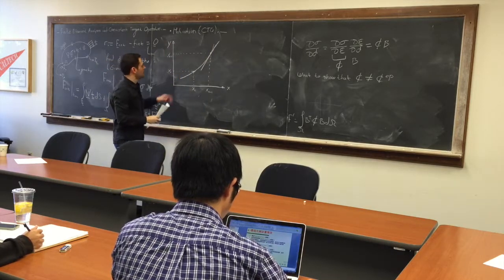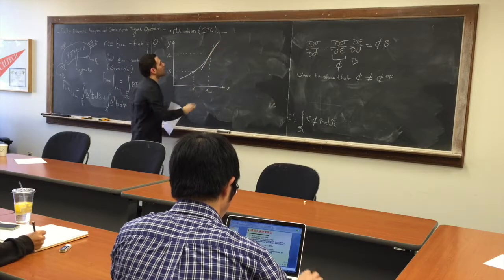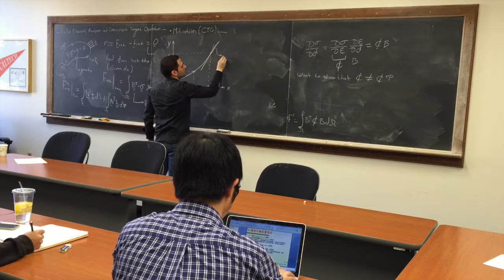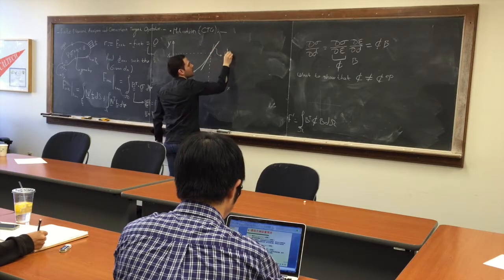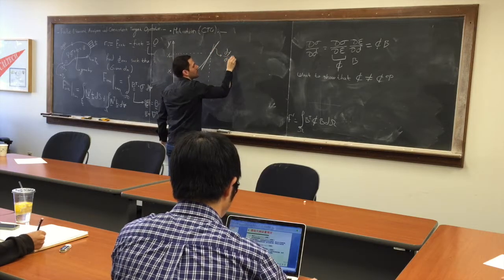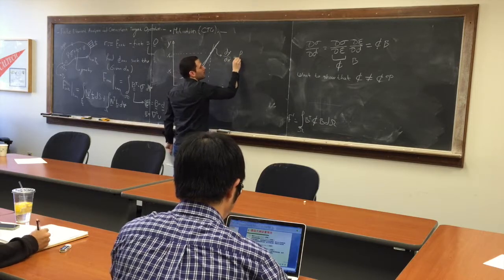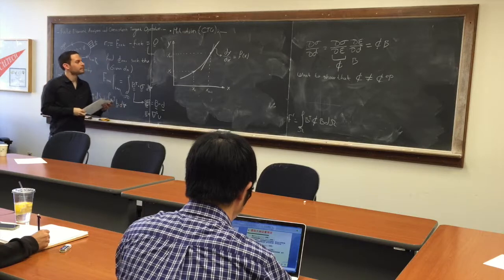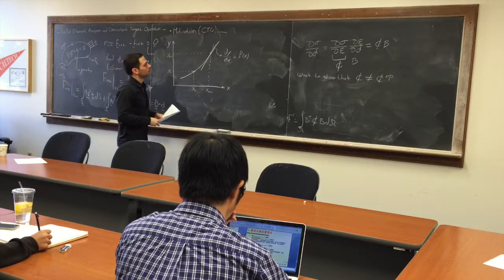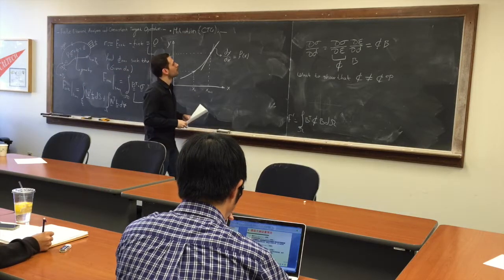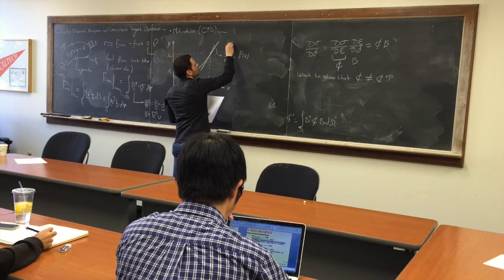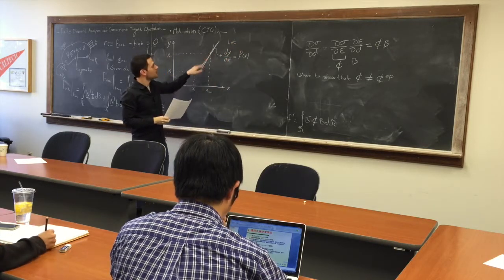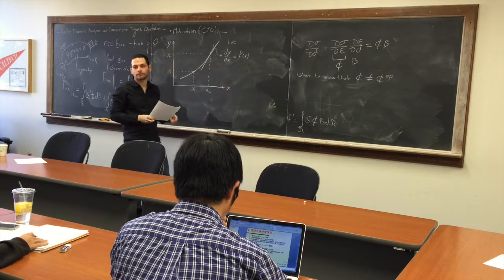We have here a curve, and the tangent is dy over dx, and we define it to be a function of x. So let dy over dx, which is the tangent to the curve, be a function of x.